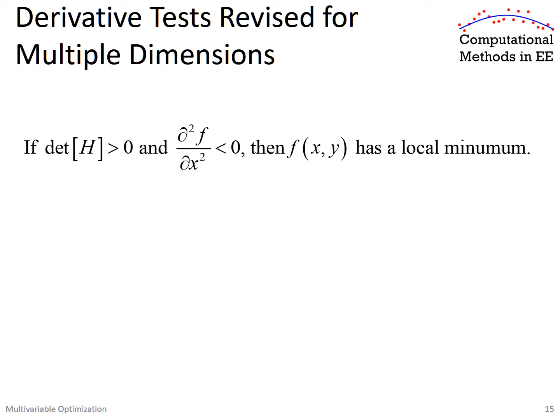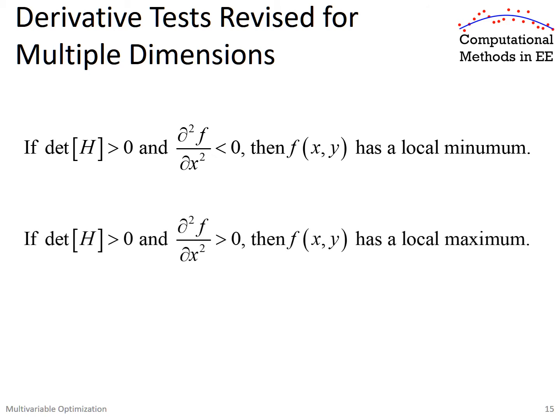So here's our revised derivative tests. If the determinant of our Hessian is greater than 0, and then we also look at one of the partial derivatives, I'm showing the partial with respect to x here, but that could be partial with respect to y. So if the determinant of the Hessian is greater than 0, and the second order partial is less than 0, we're talking about having a local maximum. Similarly, if the determinant of the Hessian is greater than 0, and the second order partial derivative of either x or y is greater than 0, we have a local minimum.